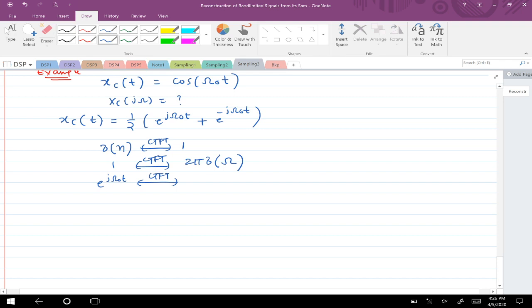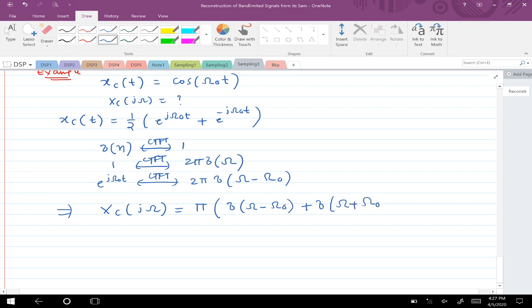So e power j omega naught t gives 2 pi into delta of omega minus omega naught. You use that for minus j omega naught also. Xc of j omega is equal to pi times delta of omega minus omega naught plus another one at omega plus omega naught. This is your xc of j omega.